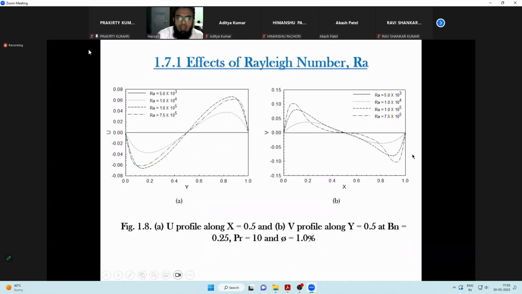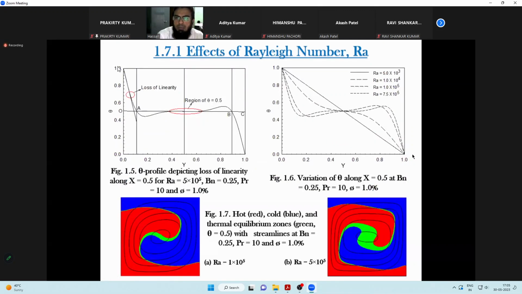Okay. Similarly, the variation of dimensionless temperature across the Y vertical midline has been shown. So Y equal to 0 and Y equal to 1 are the thermally active walls, and in between you are having the fluid. Close to the wall, you had a linear temperature distribution.